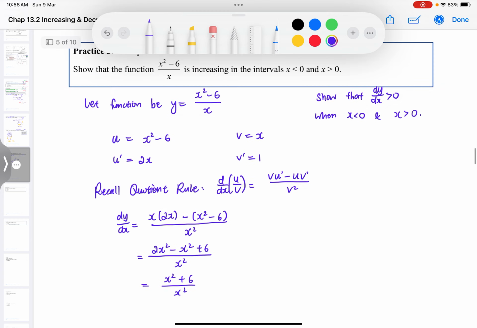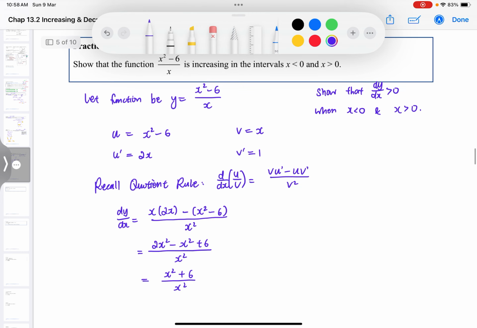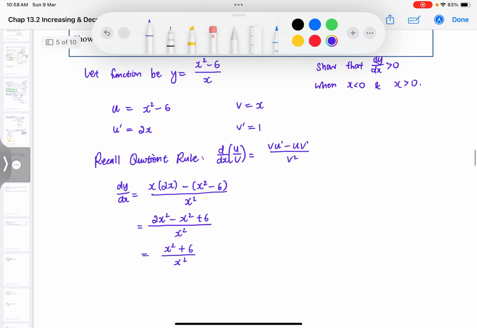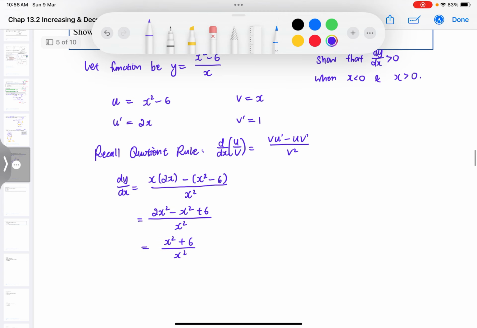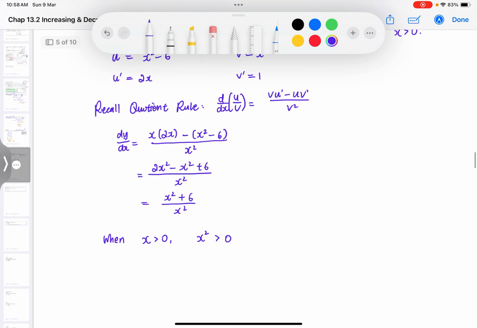So you have to show that the function is increasing in these intervals. Now when x is greater than 0, we will have x squared greater than 0.